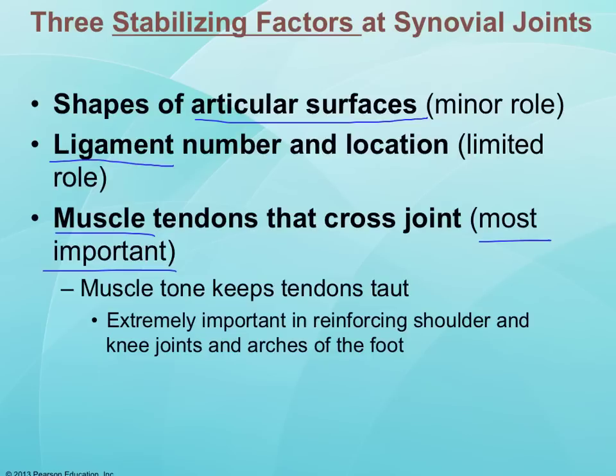It's the muscle, and in fact, the reason we can move our body is that each muscle binds two different bones across a joint. So every time a muscle contracts, it pulls the bones together. Every joint has multiple muscles binding on it.